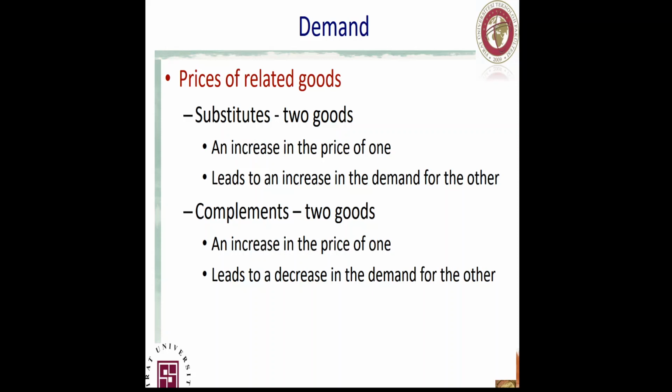So I said substitutes are two goods where one of them substitutes the other. Think about coffee and tea, just a simple example. In many cultures, coffee can replace tea in one way or another. Or maybe ice cream and iced yogurt, or some other kind of iced stuff.